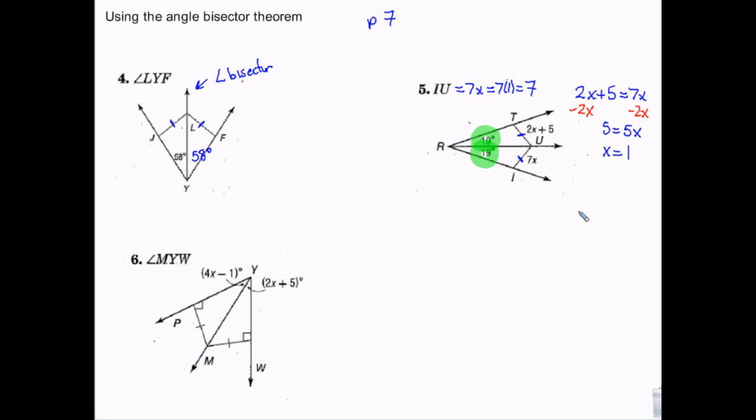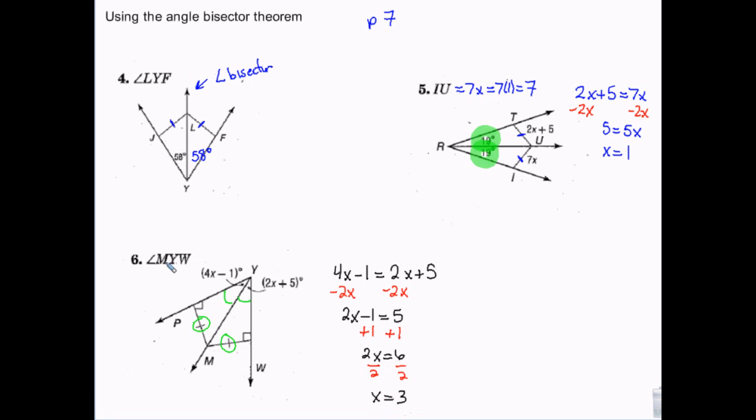If we have this situation again, these distances are the same, so that tells me that these angles are the same. So I set them equal to each other. Solve the algebra. I know how much you guys love algebra. But you might like it better than proofs.